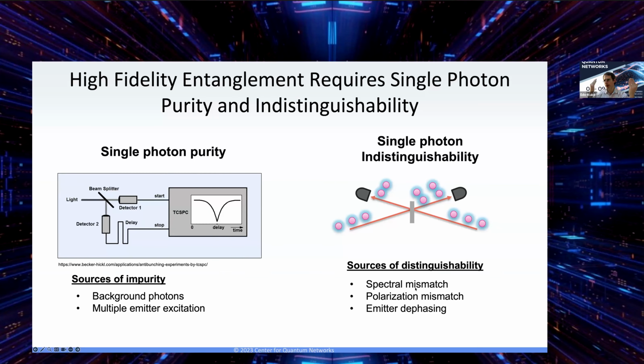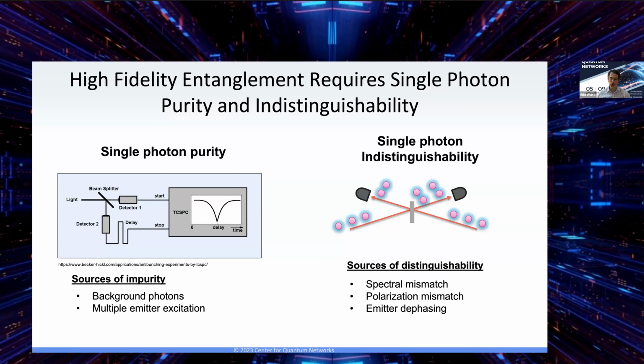So your two emitters may not emit exactly at the same wavelength. This is very common in solid state qubits, as Chaohan will explain, because solid state qubits live in different local environments with different strains, electric and magnetic fields, and that can cause slight differences in the emission wavelengths.